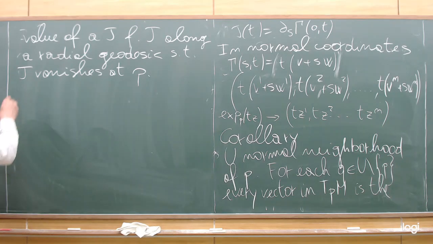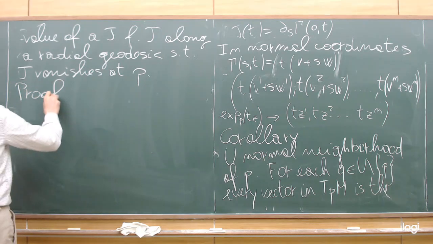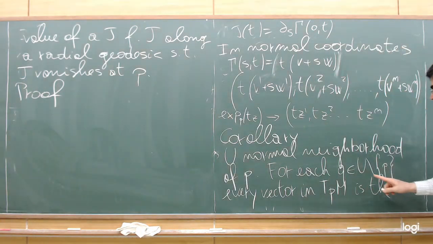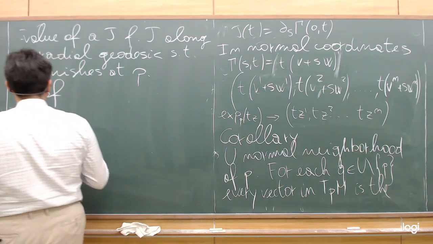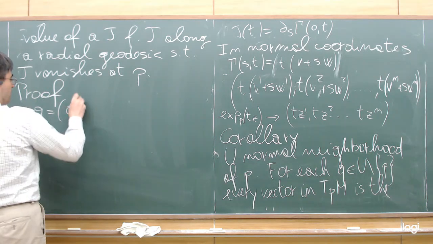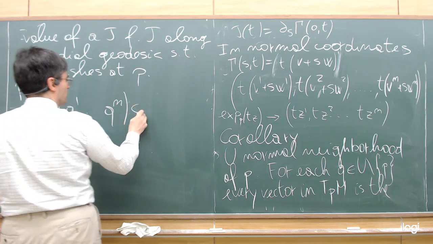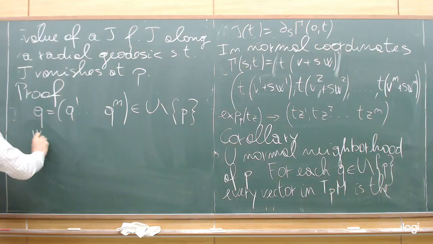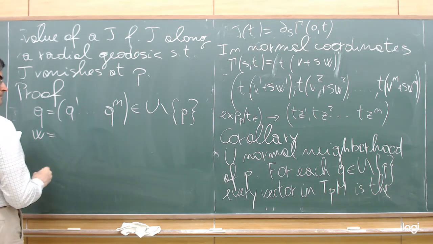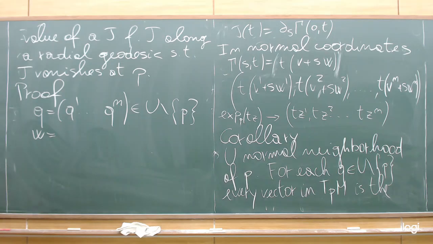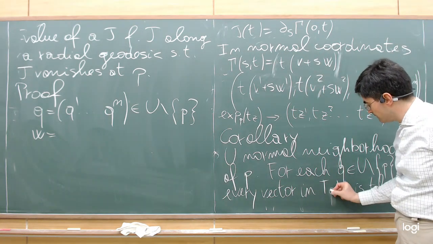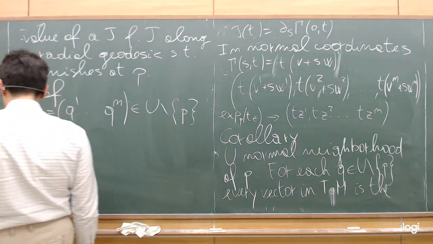Okay, maybe we can see the proof because it's very short. So if we fix a point Q in U minus P, and W is a vector in TQM, sorry, I made a typo here. This is Q. I apologize for the inconvenience.